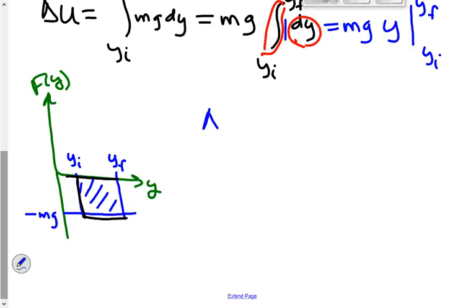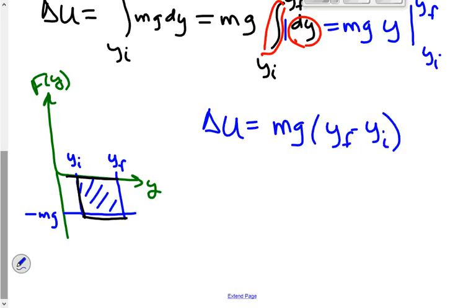So what I'm really going to get here for the change in potential energy is mg times y final minus y initial, because that's what I do with the limits. I take the top value and substitute it in, minus the bottom value, which I've substituted in. And sometimes I write this as mg delta y.